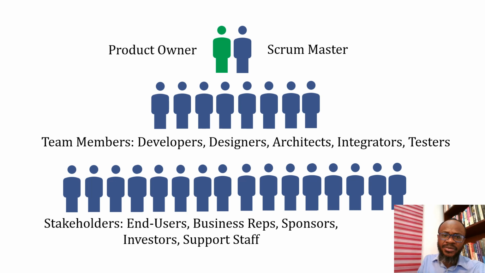You get the distinction. So the product owner embodies the features and functions of the deliverable, and he interfaces with the client as many times as possible to ensure that he understands the mind and the heartbeat of the client. That is the product owner.